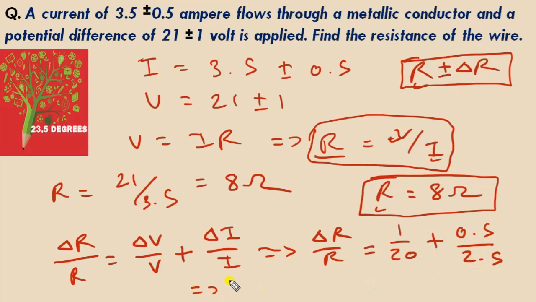Okay, this will give us delta R upon R equals to 0.05 plus 0.2, that is 0.25. This is the relative error in resistance.